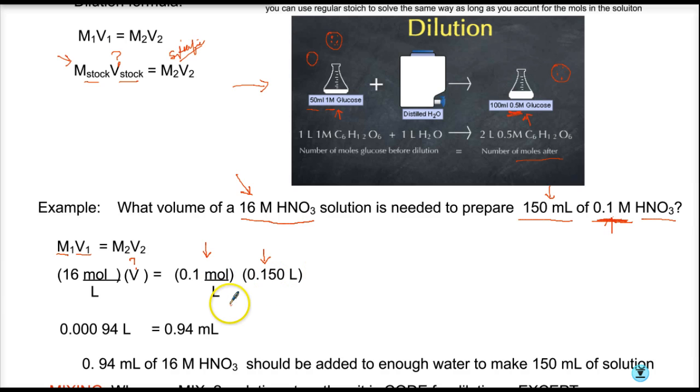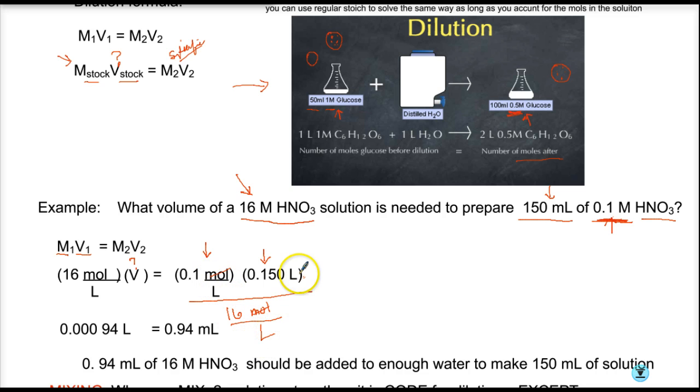When I do the math, I would divide this side by the 16 moles per liter, and these moles are going to cancel with these moles, and one of the liters cancels with this one.